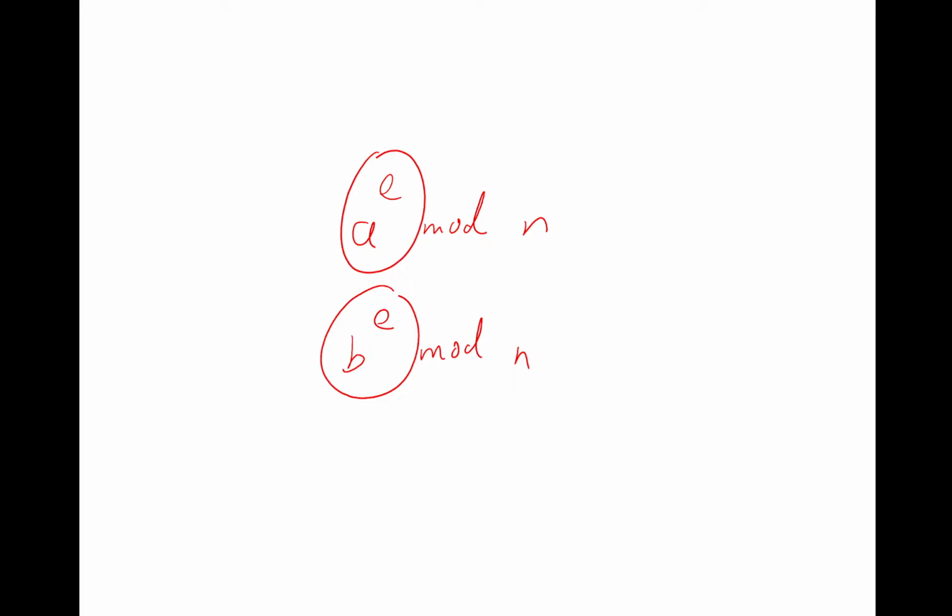So if we just have these numbers, can we do any reasonable computation on this? So what does this mean? That means we have here A to the power of E, times, we have here B to the power of E.